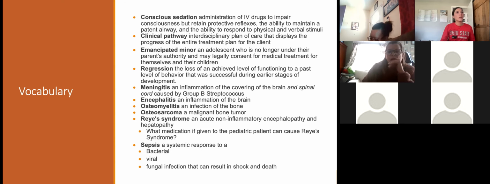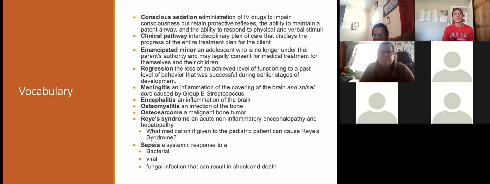So our vocabulary is going to cover some of those hospital concepts, especially from week 4, and then also those medical terms that we covered this week in class. So conscious sedation is where we are giving IV medications to impair the patient's consciousness, but still allow them to maintain those protective reflexes.